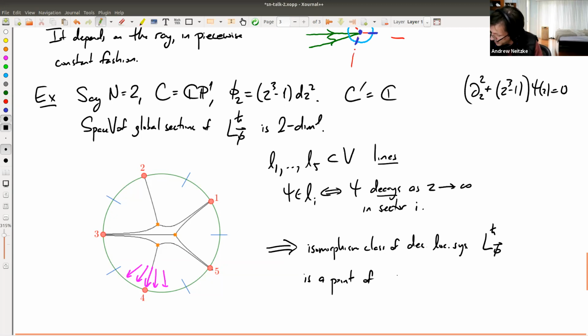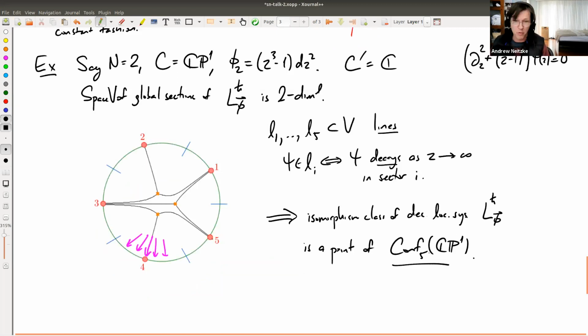In other words, it's a point of the configuration space of 5 points of CP1, Conf5 of CP1. So you start from this differential equation and you produce a point of this configuration space. By the way, let me emphasize this CP1 has nothing to do with this CP1. This CP1 is the projectivization of V.